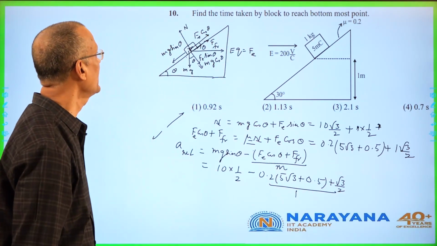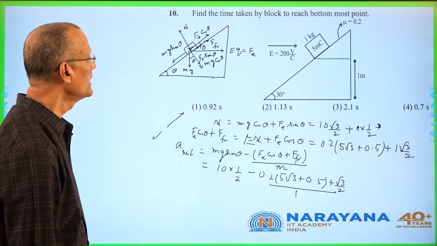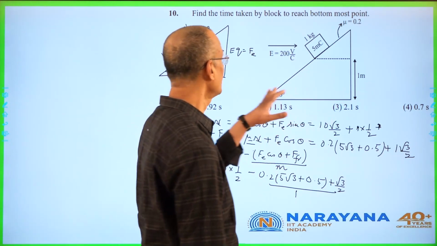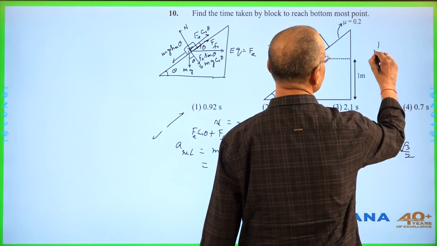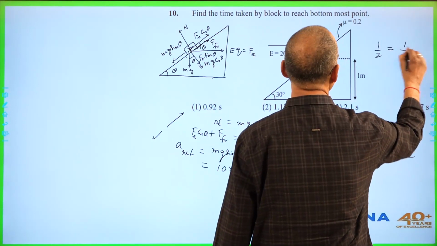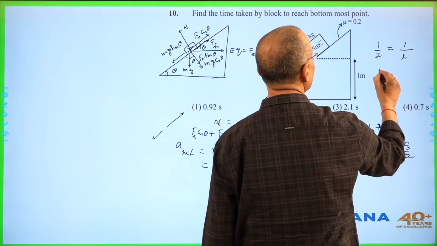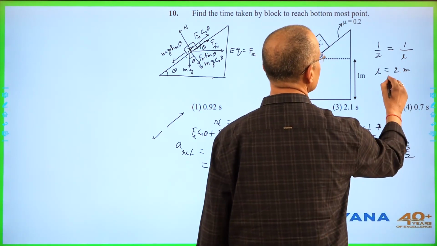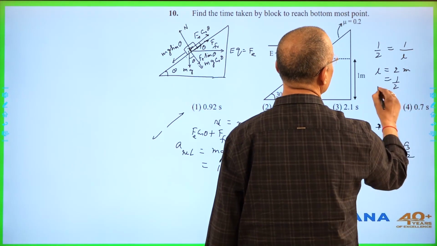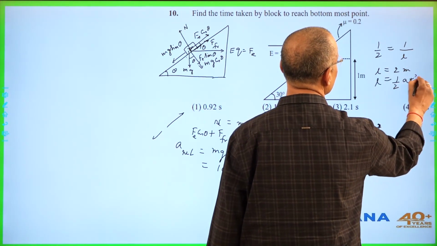You have A net already. This one is 1 meter, and this distance you want. Sin 30 degree will be 1 by L, where L is this distance, so L will be equal to 2 meter. And this you will equate to half AT square.